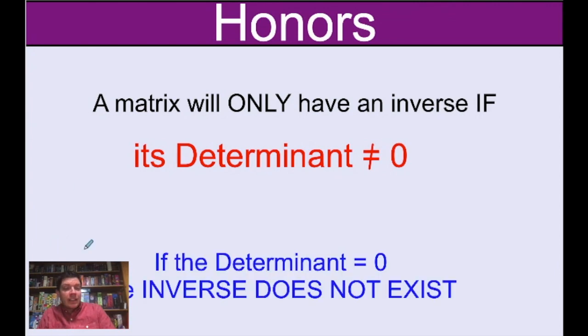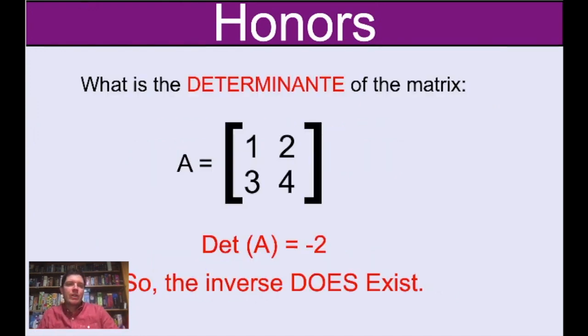So a different way to think of that is, if the determinant of a matrix is 0, there is no inverse. It's not even worth trying. Doesn't exist. Okay? So as we continue on, we know that this determinant was negative 2. So yeah, it's going to have an inverse, and you're going to find out how to find that inverse in the next lesson.